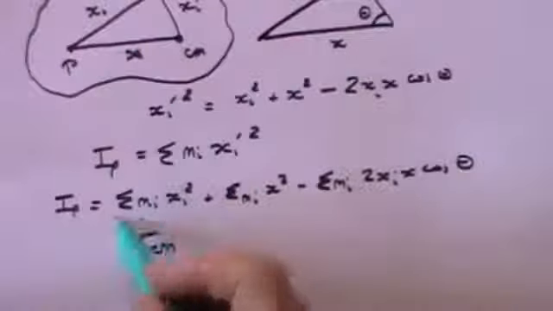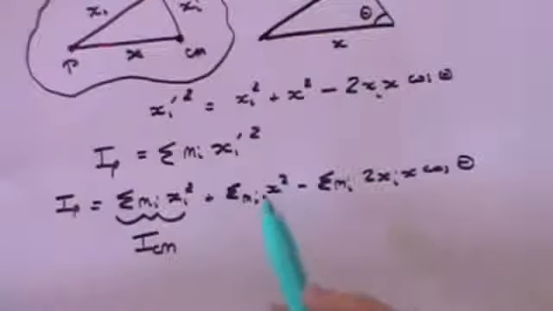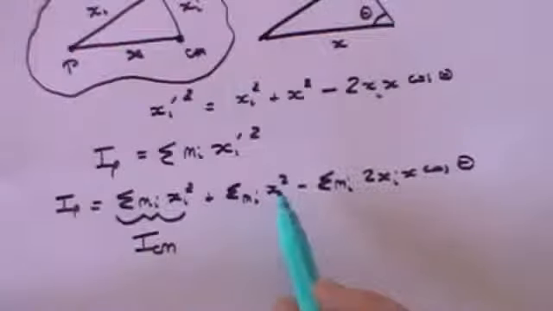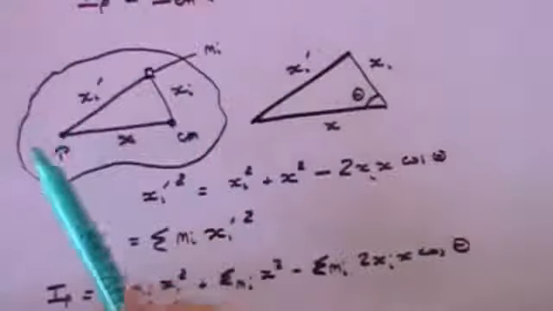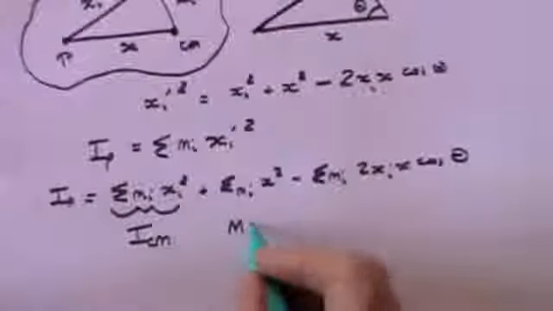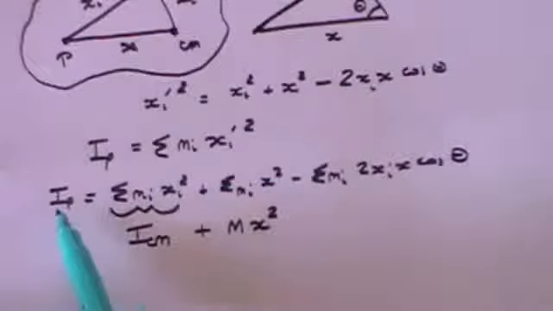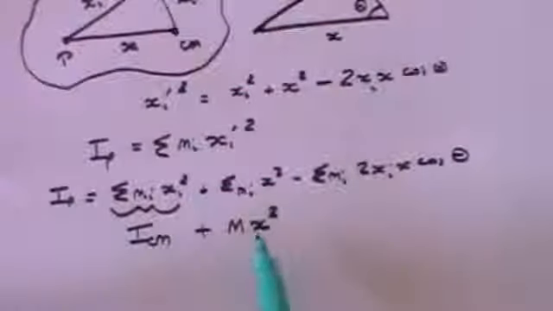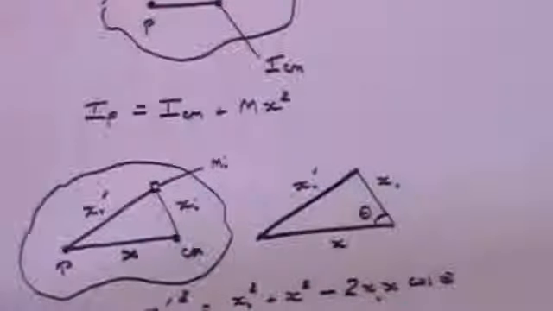So this term is simply the moment of inertia about the centre of mass. In this term, x is a constant, so now we've got simply sigma mi, which is going to be the entire mass of the block. So that becomes m x squared.